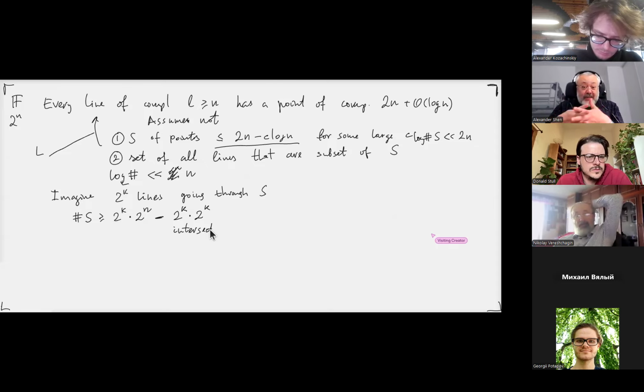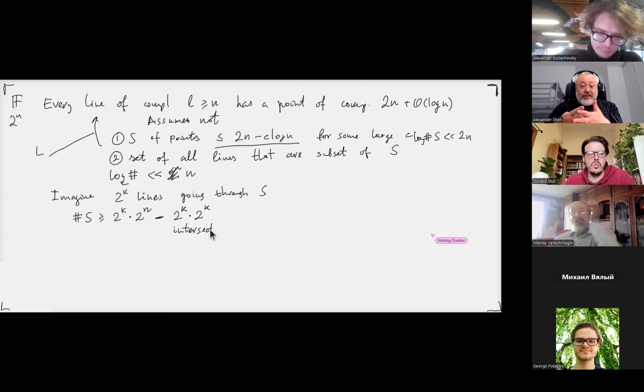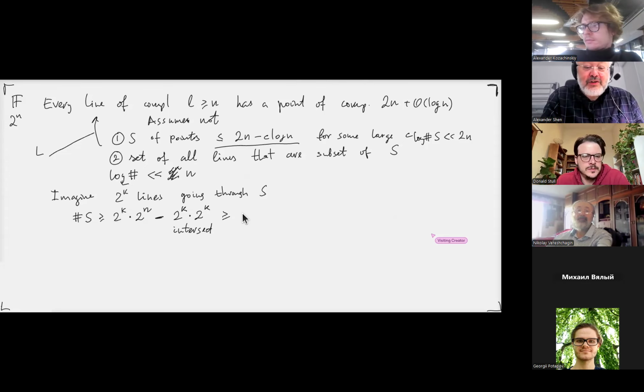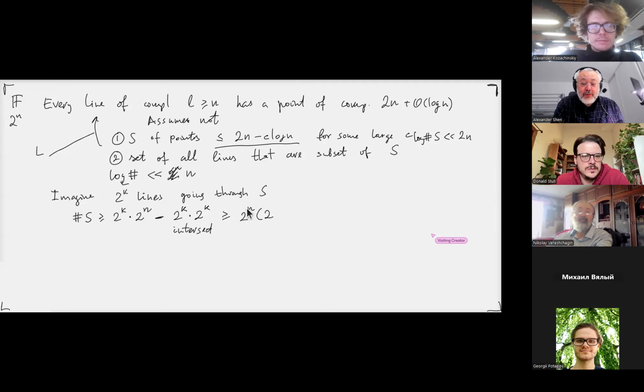And so we have this number of intersections, and each intersection contains at most one point. So this is bigger than 2 to the k times 2 to the n minus 2 to the k.